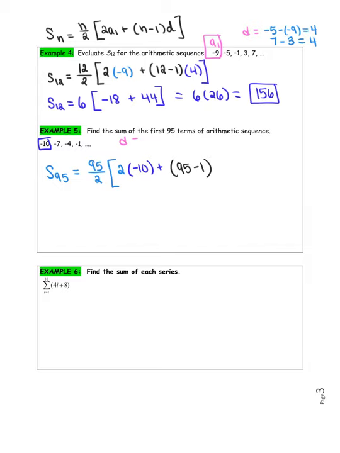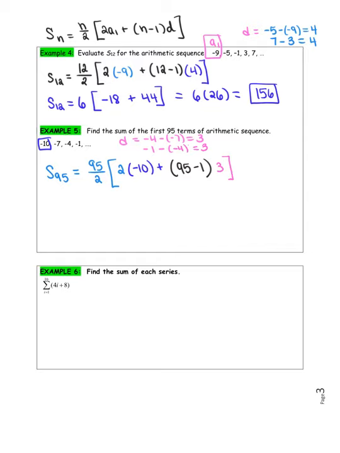D is equal to, we can say a3 minus a2, which we get 3, or we could have said a4 minus a3, which is negative 1 minus negative 4, which is positive 3, so we know d is 3.